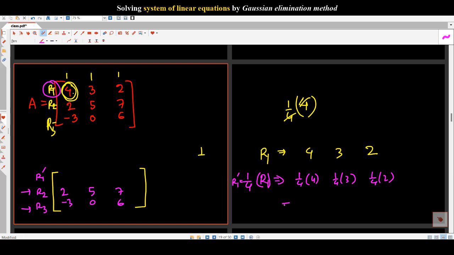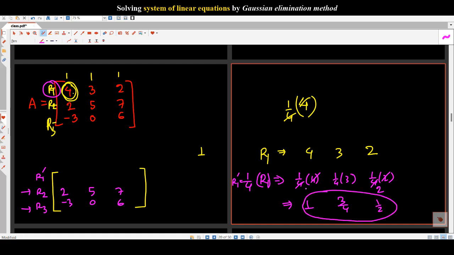So what is the answer you are getting? If we multiply 1 by 4 with R1, we are getting 4 and 4 cancelled, 1. 3 by 4, 2 by 4, we are getting 1 by 2. So the new entries are, you can see, 1, 3 by 2, 1 by 2. So this is how we have found 1.